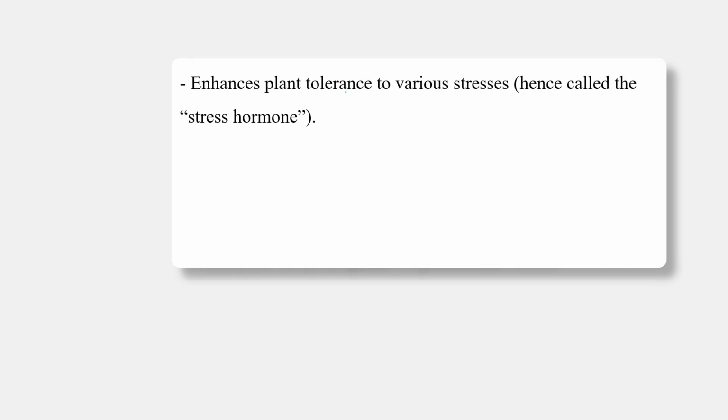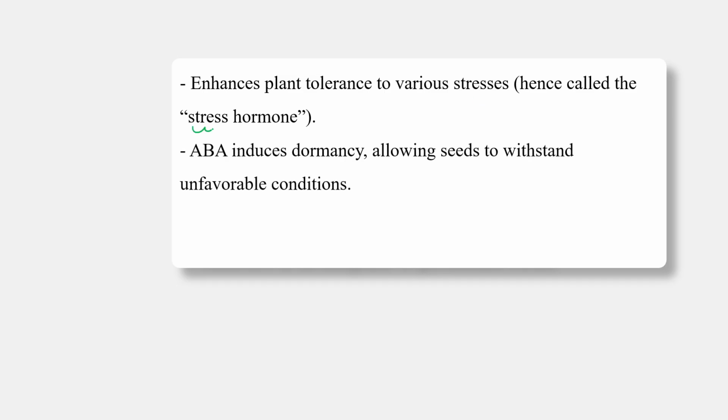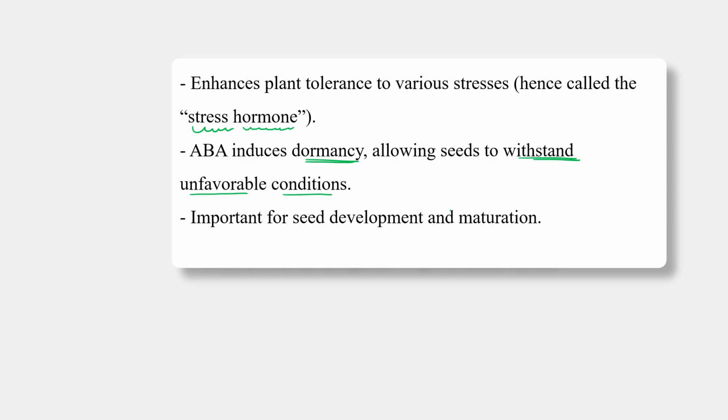It enhances plant tolerance to various kinds of stress, so it is also known as stress hormone, as it induces dormancy. It allows seeds to withstand unfavorable conditions. ABA is important for seed development and maturation.